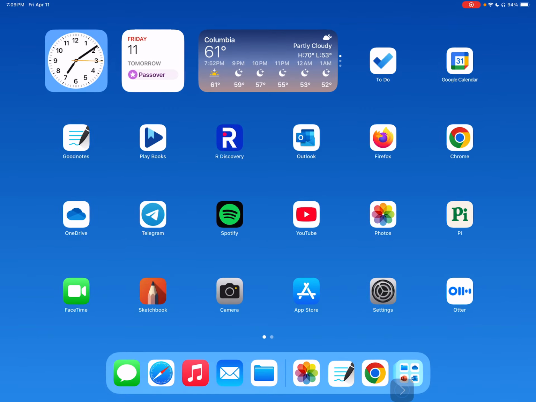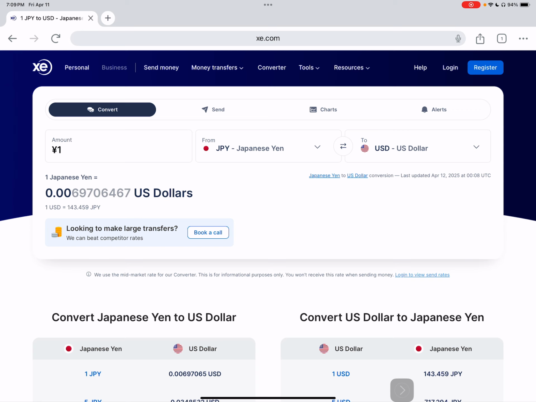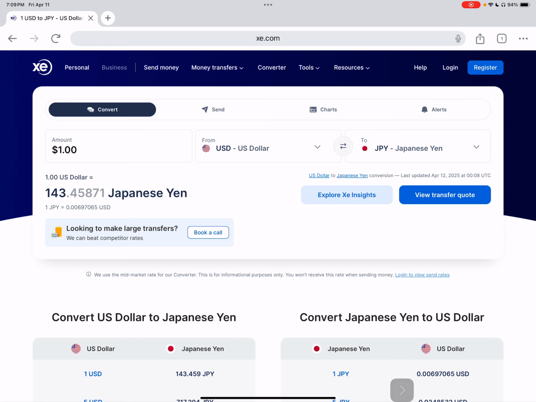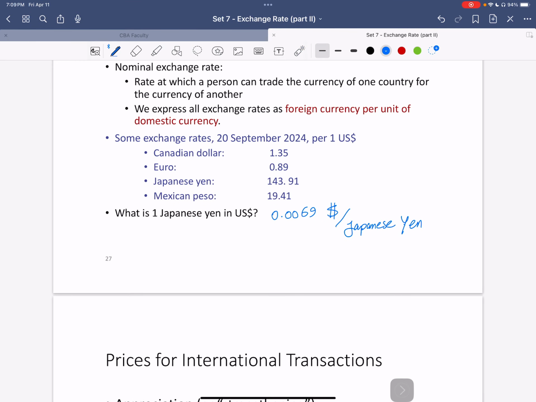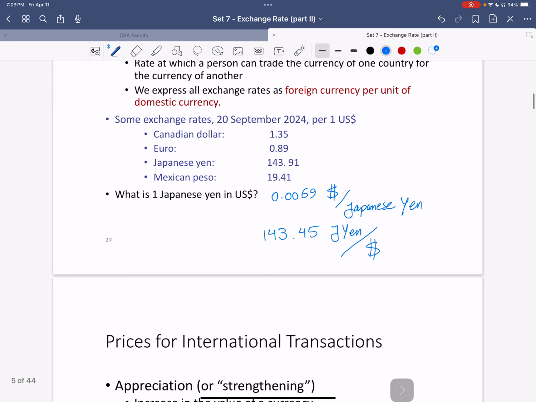Or I can just simply hit this line in the middle, and you can see the reverse of it. It is 143.45 Japanese yen per dollar. These are exactly the same numbers.